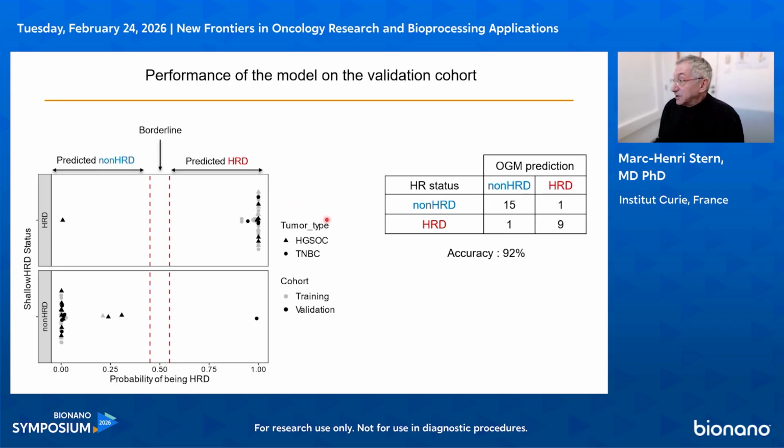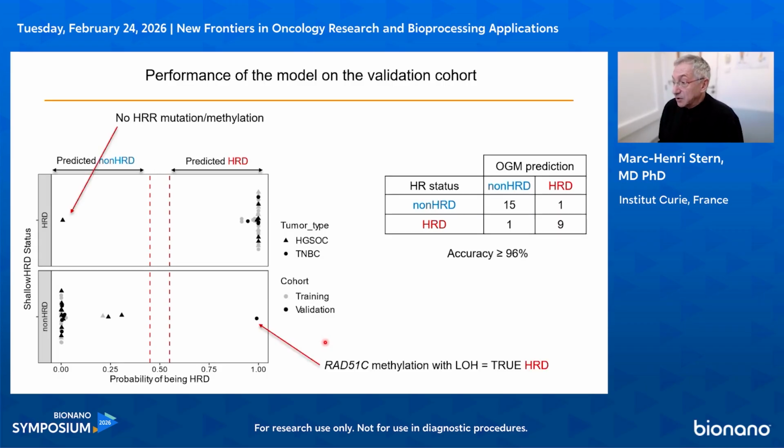What we found is that the performance of the OGM prediction was quite good, with an accuracy of 92%, however with 2 cases with discordant results between the standard method and the OGM prediction.